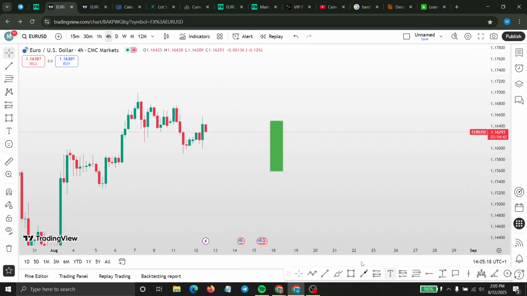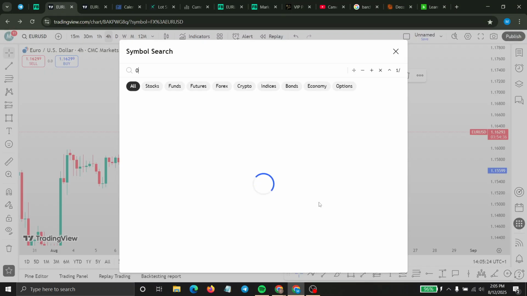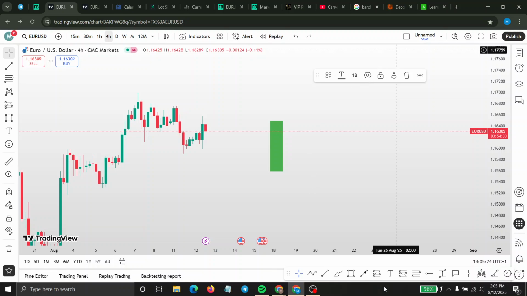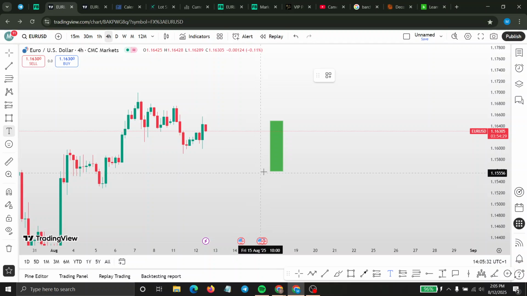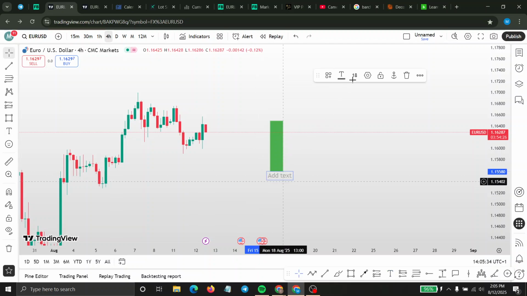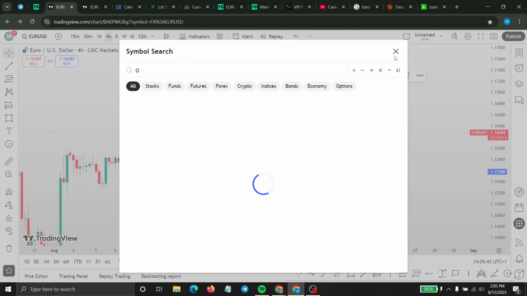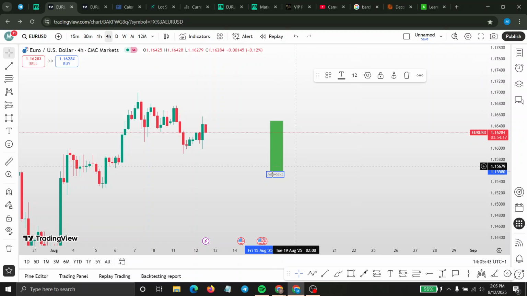So the bullish candle opens here and it closes at the top.